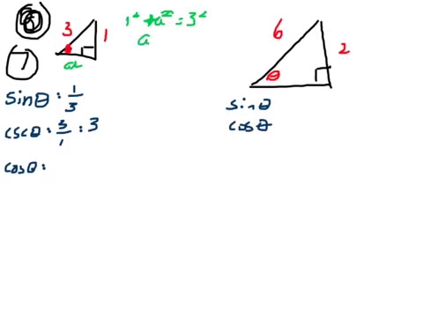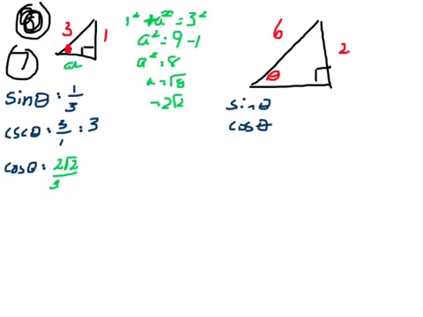So A squared is going to be, 3 squared is 9. If I subtract the 1 from both sides, I get A squared is 8. So A is the square root of 8. That happens to be 2 square roots of 2, because 8 is 4 times 2, and the square root of 4 is 2. I bring that out, I've got a square root of 2 left. So the adjacent side would be 2 square root of 2, and the hypotenuse would be 3.